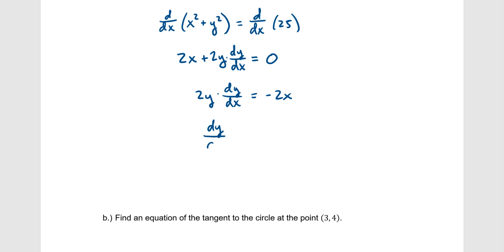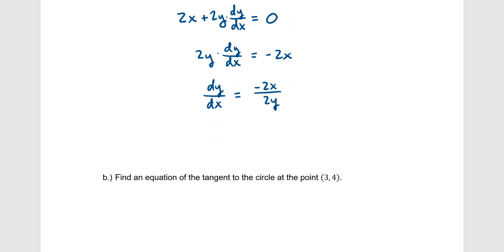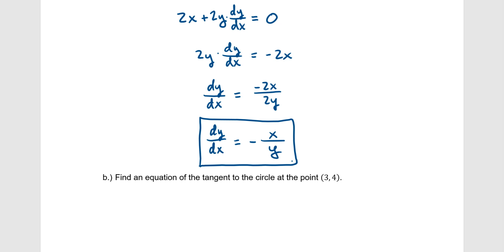So that's dy dx equals negative 2x over 2y. And the 2's cancel. So we get dy dx equals negative x over y. Okay, so there is our y prime, or our dy dx.